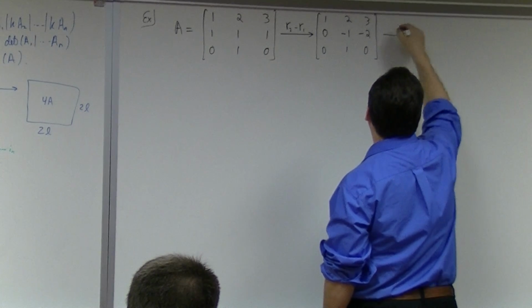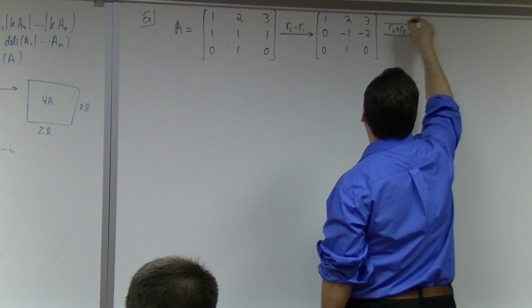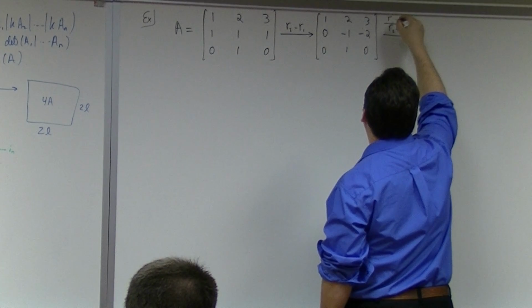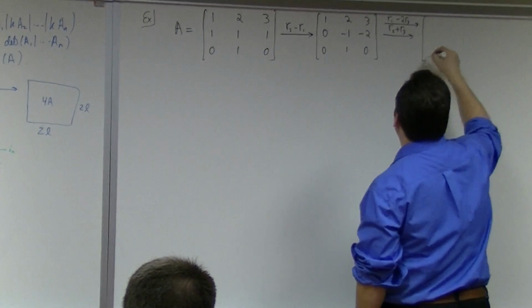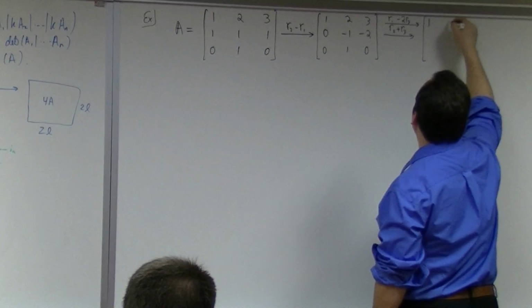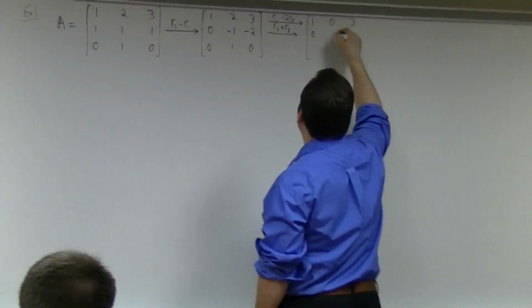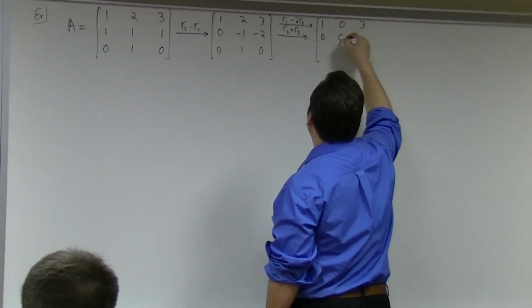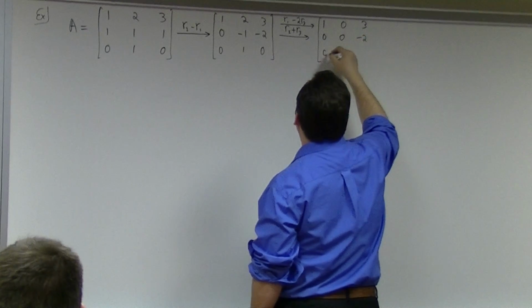And then you've got 0, 1, 0. Let's see here. So row 2 plus row 3, and also I'll do row 1 minus 2 row 3. That gets us to 1, 0, 3, 0, 0, minus 2. If you add 2 row 3, you'll get a 1 there.